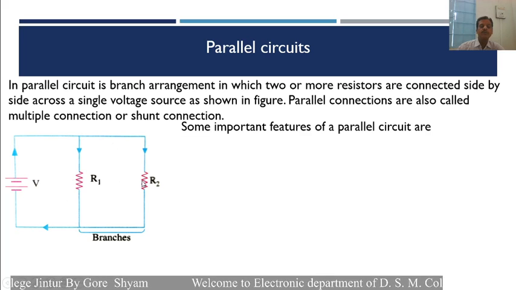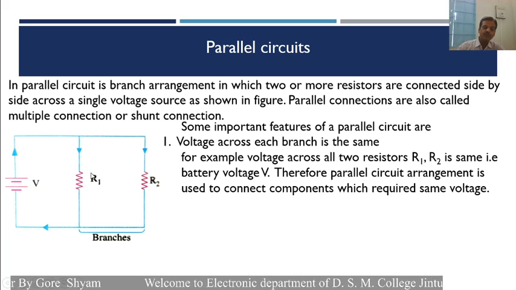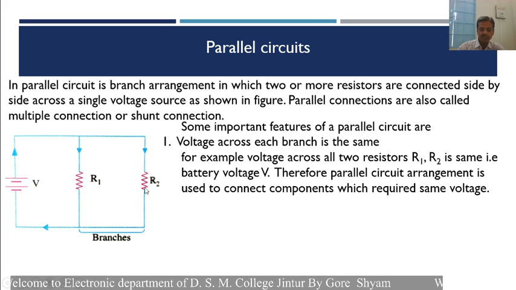Some important features of the parallel circuits: the voltage across each component or each branch is the same. Means the voltage across R1 is the same as the voltage across R2, because only a single battery is connected across these two branches.